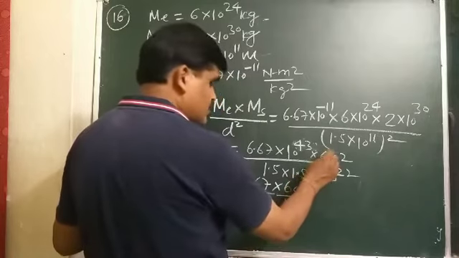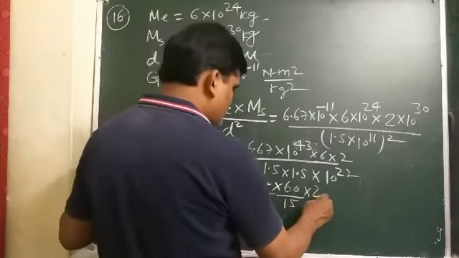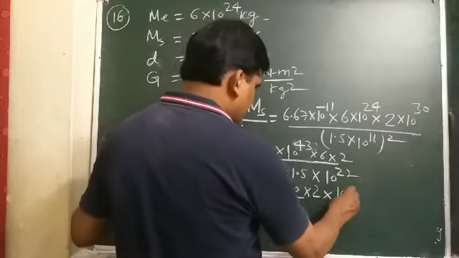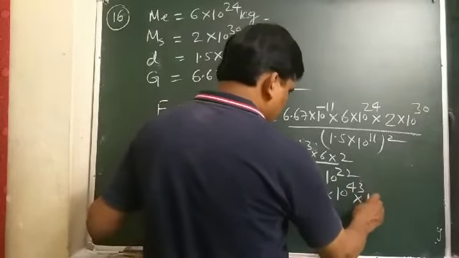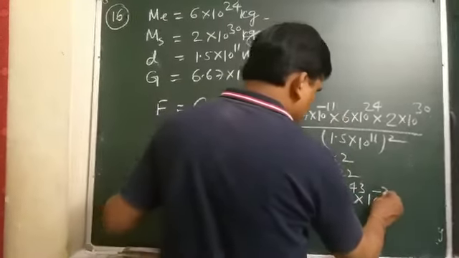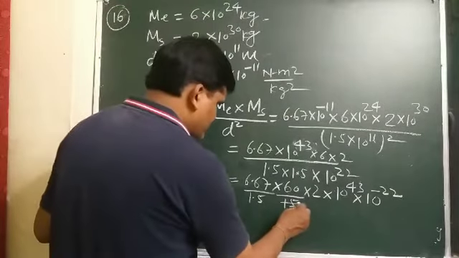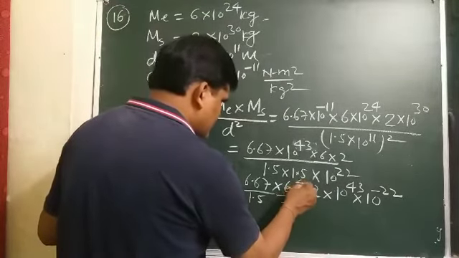This decimal removed, 60 by 15 into 2, and this will be what? 43 into, when this power moves into the numerator becomes what? Minus 22.